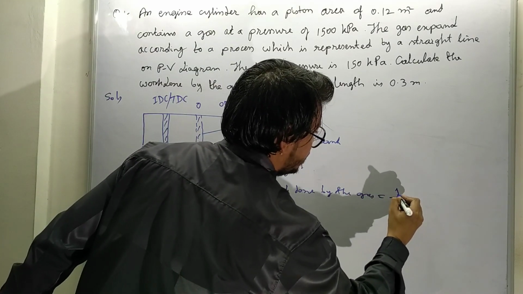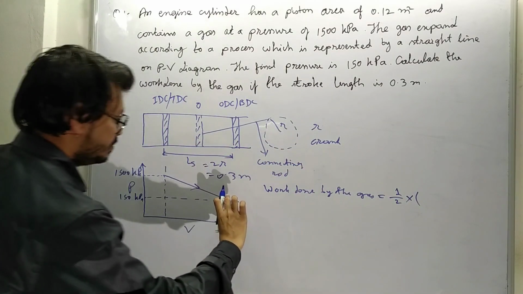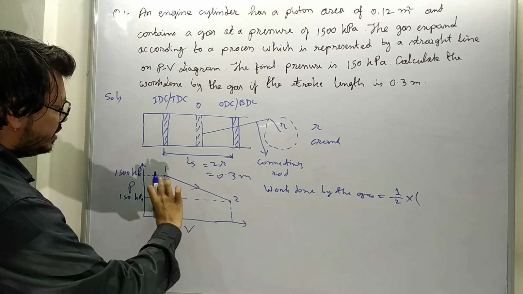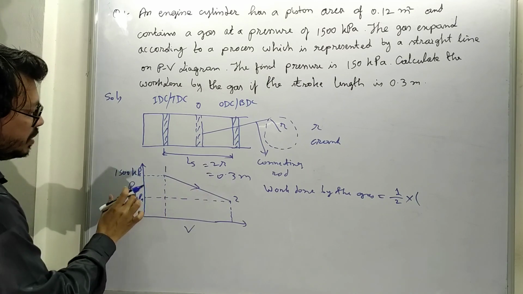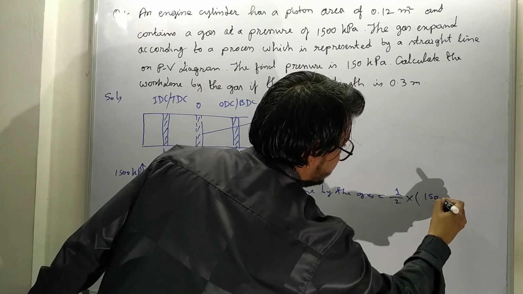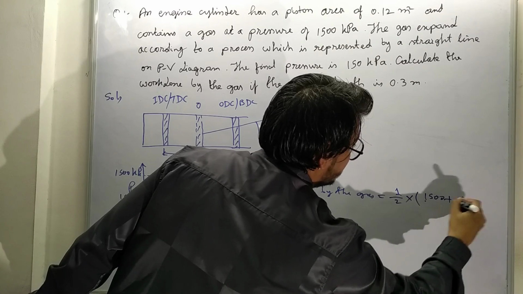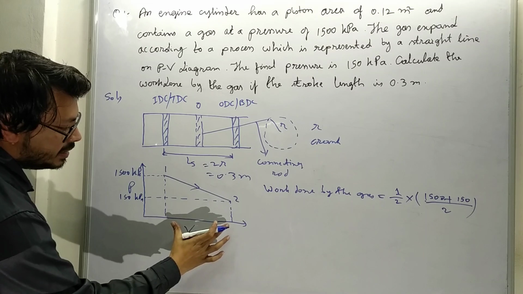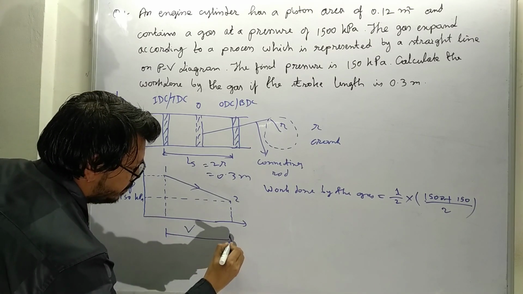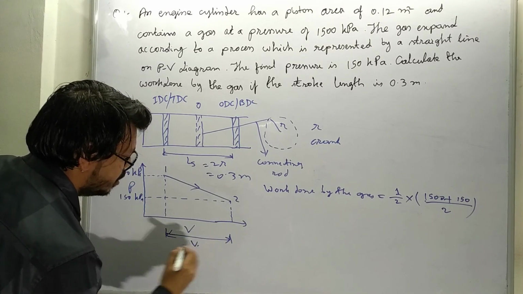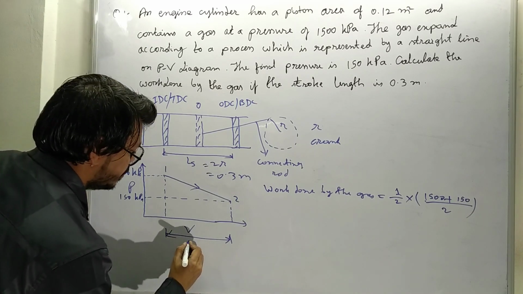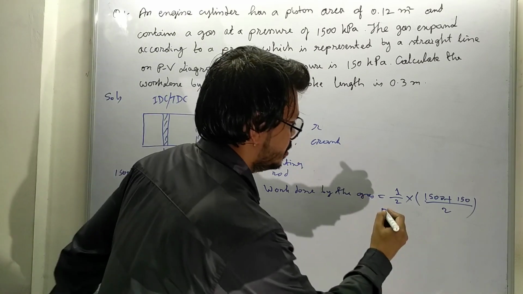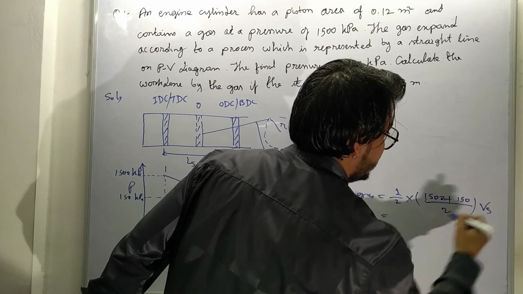These two sides are parallel sides. So the sum is 1500 plus 150, by 2 into distance between. This distance is swept length, the stroke volume. So we can write here Vs.